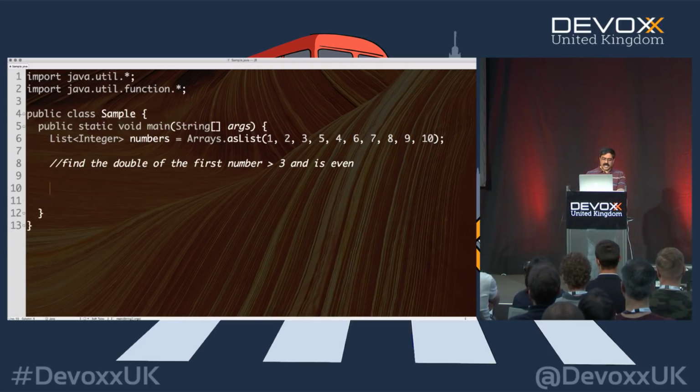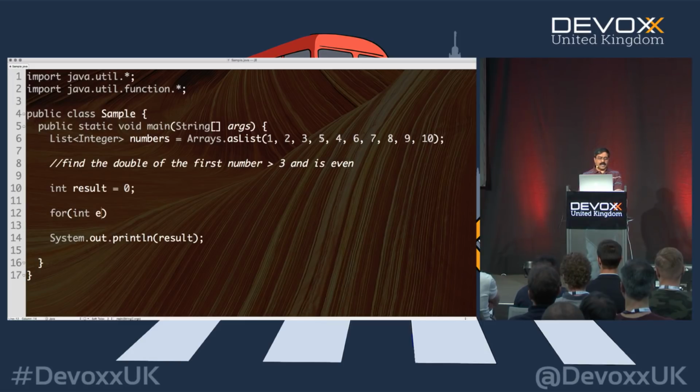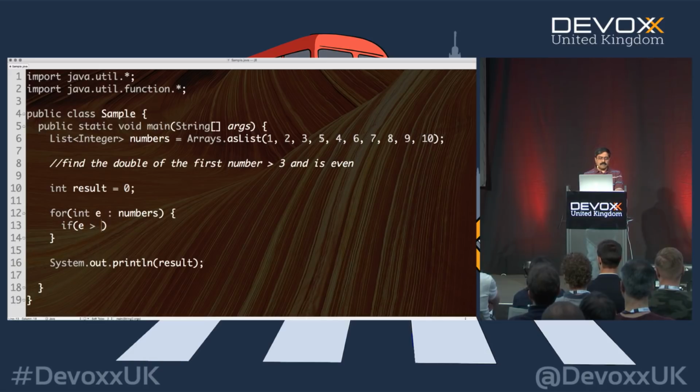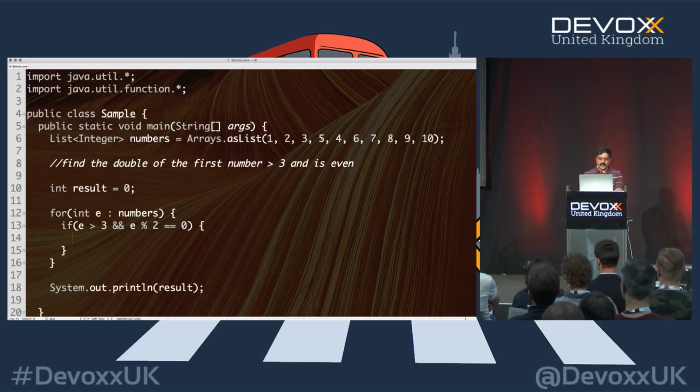Well, in the imperative style, I'm going to first of all say int result is equal to 0. Then I'm going to output the result when I'm done with it. But within this, I say for int element coming from numbers, then what do I do? If element is greater than 3 and element mod 2 is equal to 0, then what am I going to do? I'm going to say result plus equals element times 2.